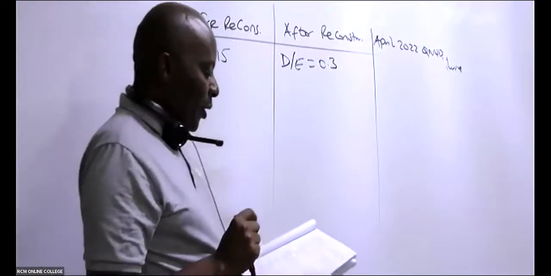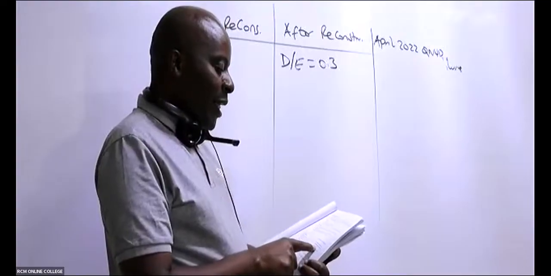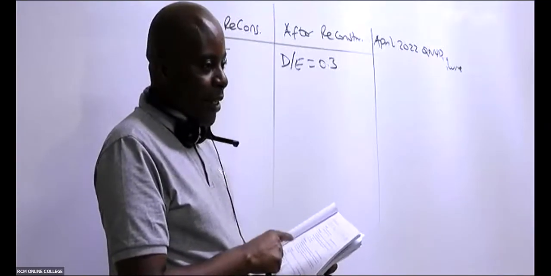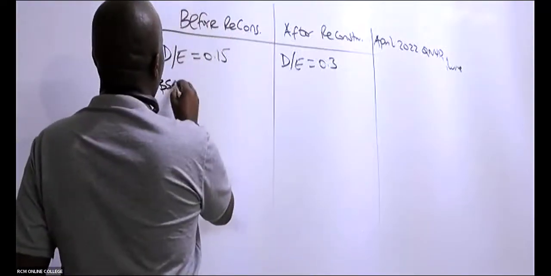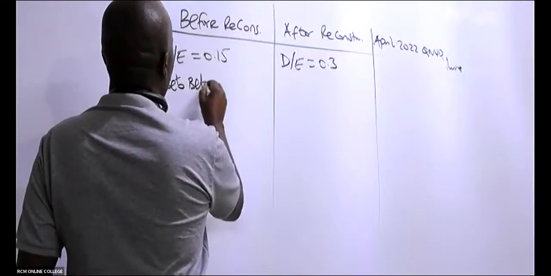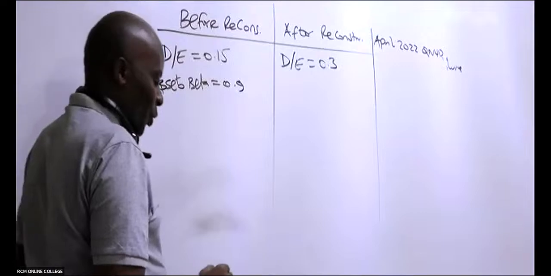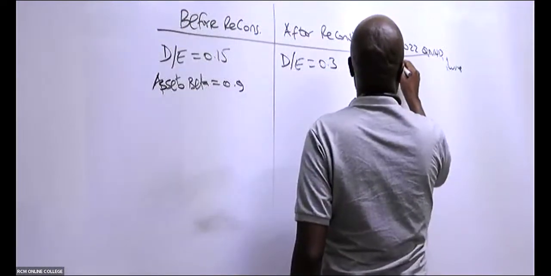All right. So now, ladies and gentlemen, please listen to me very well. You can see the company has an asset beta of 0.9, isn't it? So we have assets beta of 0.9. Remember, we have our little notes here.